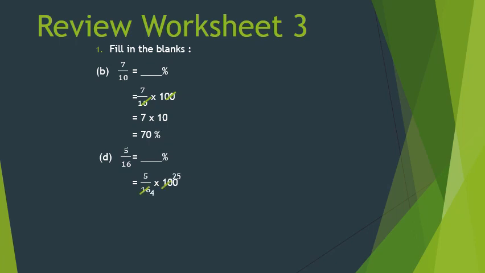So 16 divided by 4 is equal to 4 and 100 divided by 4 is equal to 25. So now 5 multiplied by 25 upon 4. So 125 upon 4, which is equal to 31.25%.